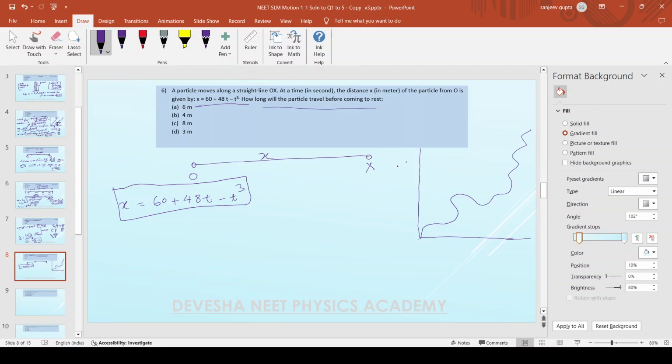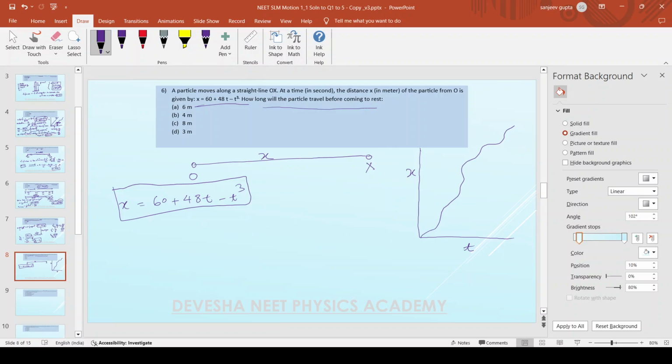Or rather, let me change the graph, as it doesn't seem to be proper. So imagine this is the distance traveled by the body in time t. This distance is not uniform, it is a zigzag, and the velocity is also not uniform.